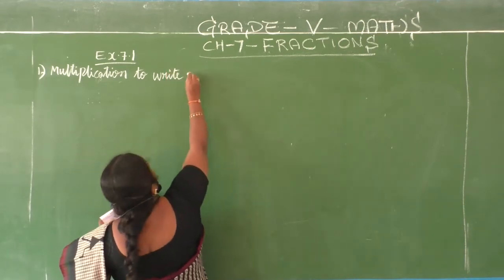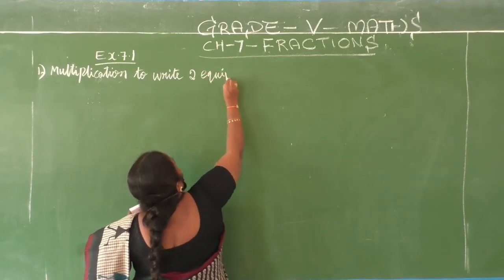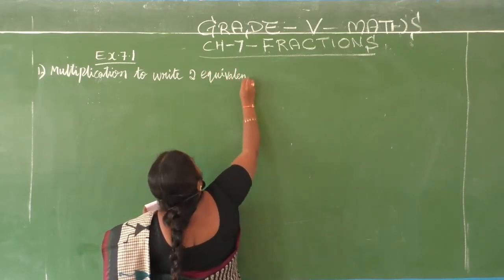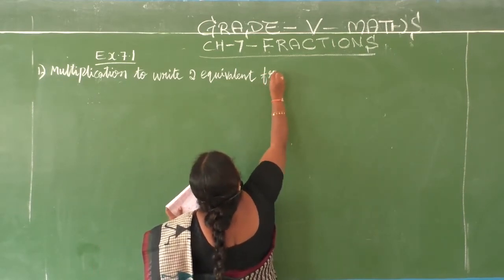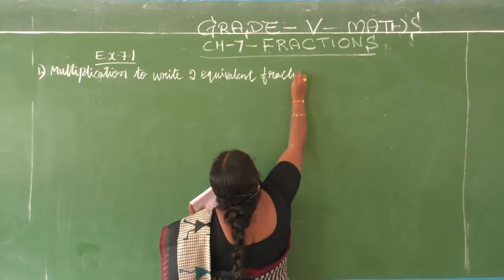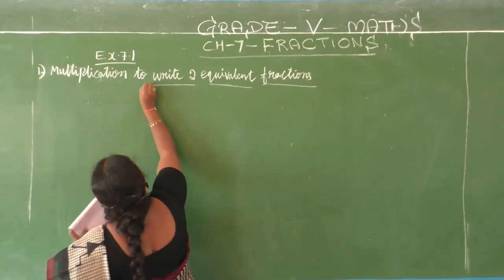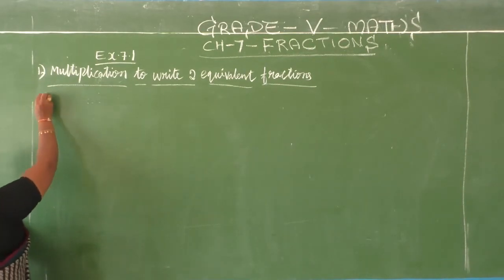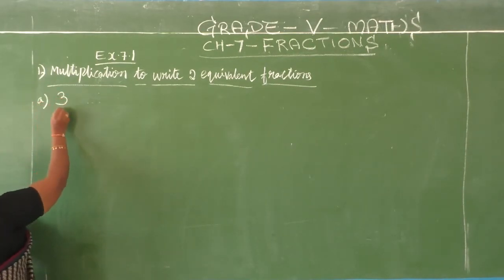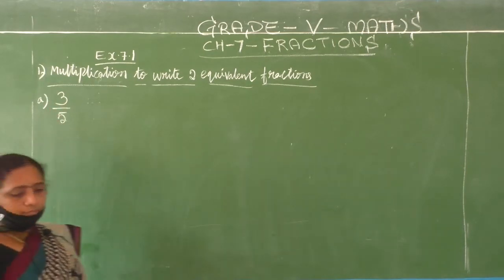See the first one, A1, they gave the fraction 3 by 5.